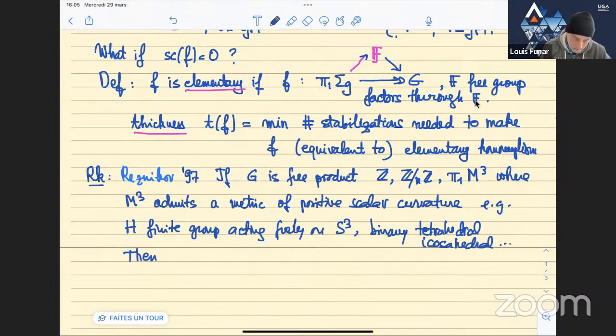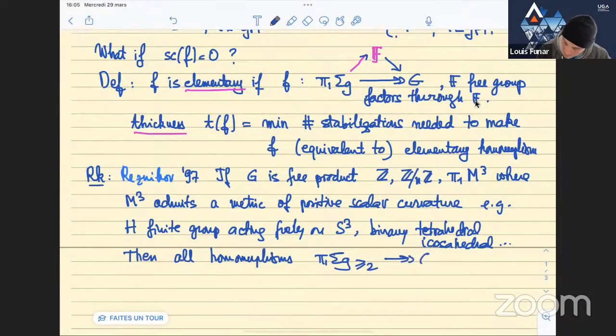Then what the theorem is saying is that all homomorphisms from pi 1 of sigma g, g at least 2, into G are elementary. Actually, their thickness is trivial.